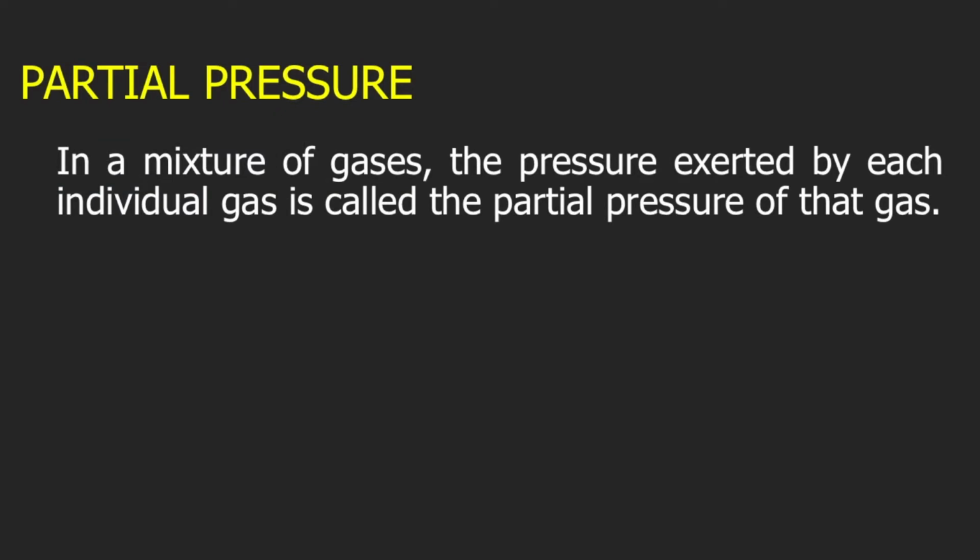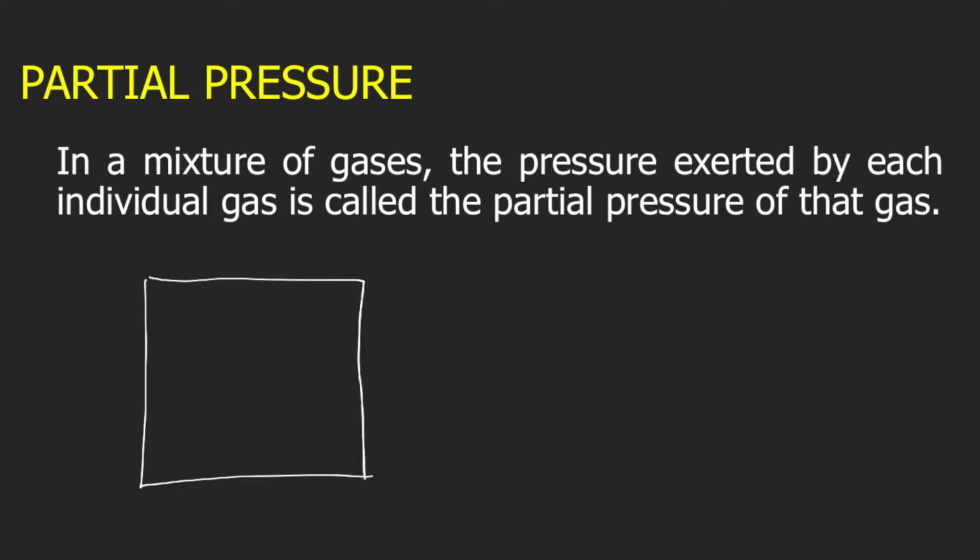Now that you already have an idea on what is gas pressure, let's move on to partial pressure. So in a mixture of gases, the pressure exerted by each individual gas is called the partial pressure of that gas. So again, to better understand this topic, let's have an illustration. So let's say you have again a closed container.